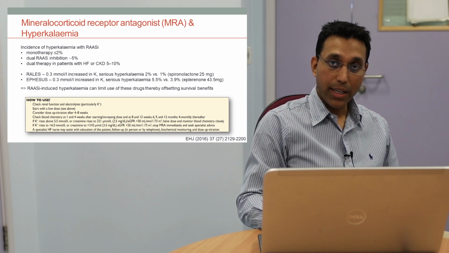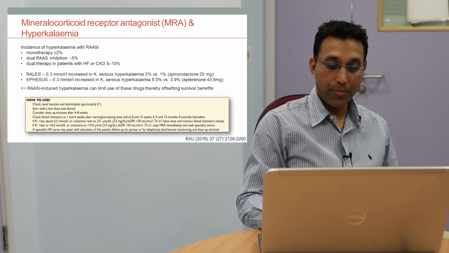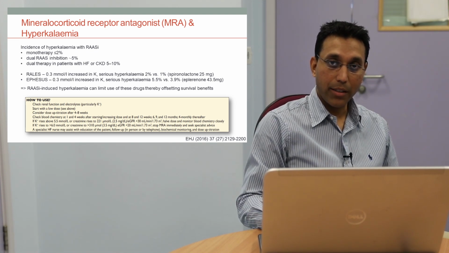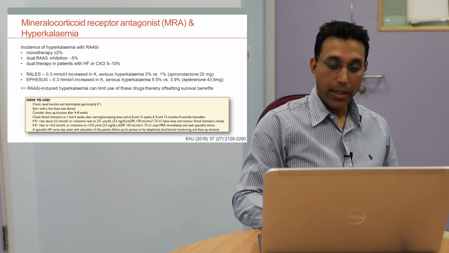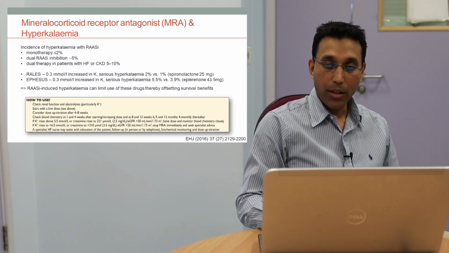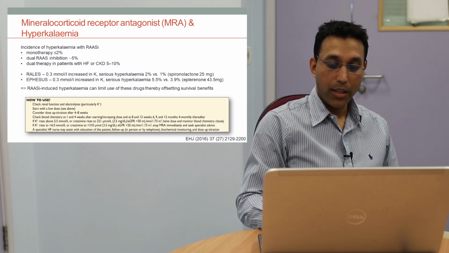The greatest change in potassium is usually in the first 4 weeks following MRA initiation. And this finding is really important because we must measure potassium levels quite closely in the initial phase, so probably about a week after starting eplerenone and at least 4 weeks after as well.